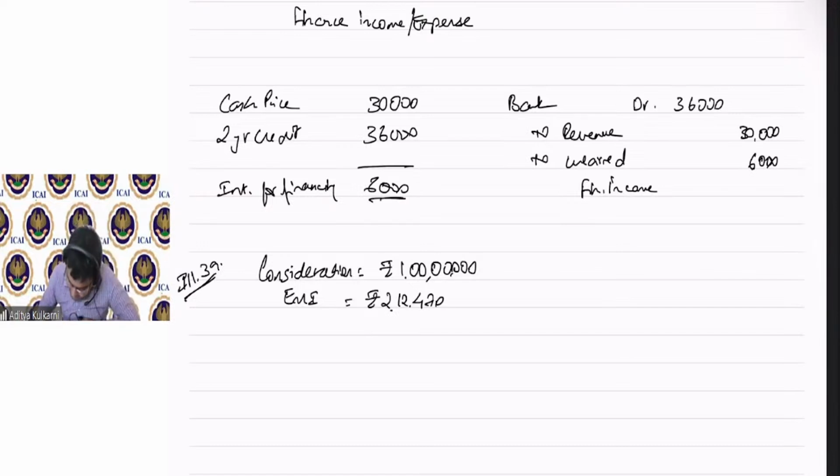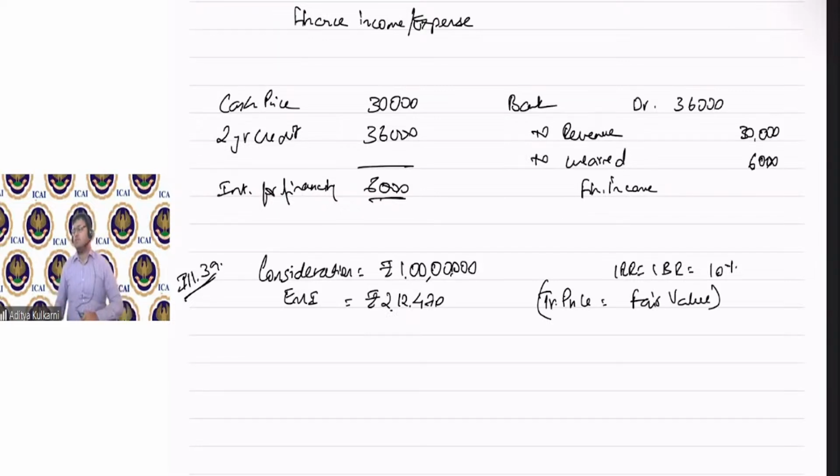Now, in the first case, they have said that IRR equals IBR equals 10%. If IRR equals IBR equals 10%, that means my transaction price will be equal to the fair value. My transaction price will always be equal to the fair value.